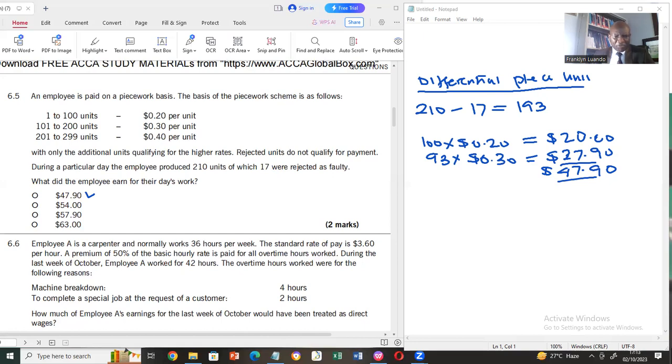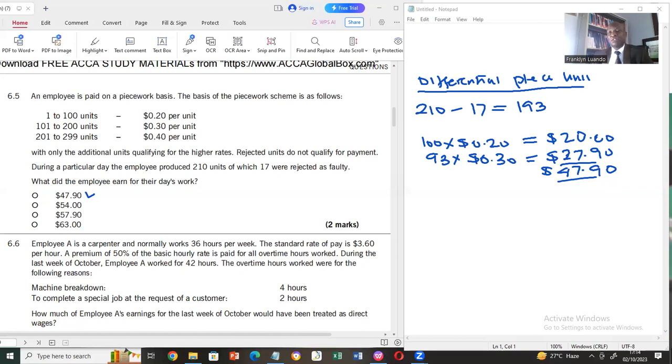A premium of 50% of the base hourly rate is paid for all overtime hours worked. During the last week of October, employee A worked for 42 hours. The overtime hours worked were for the following reasons.